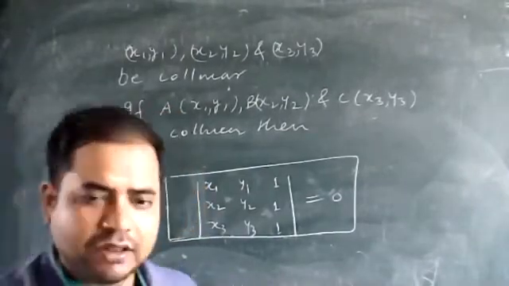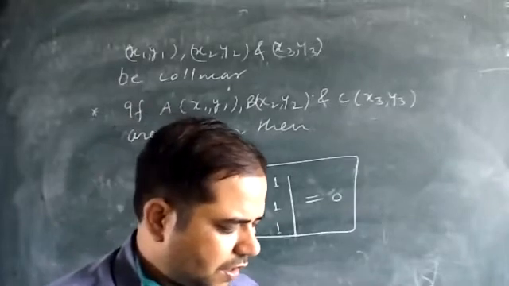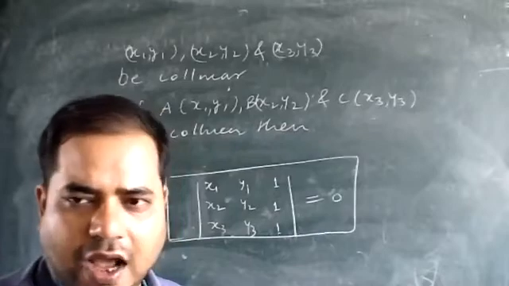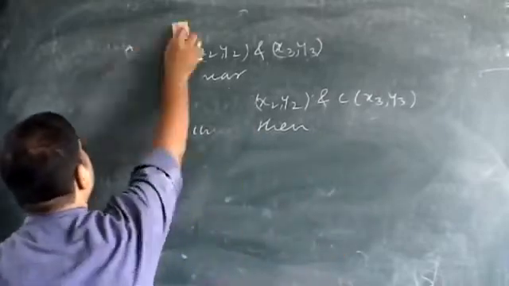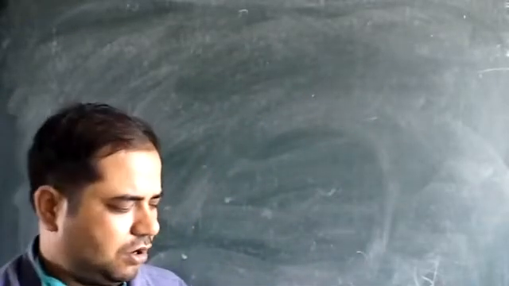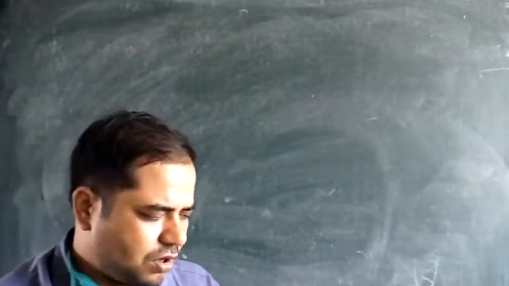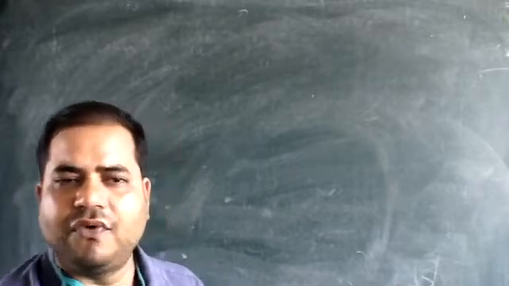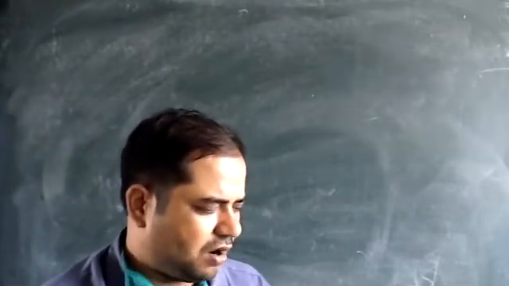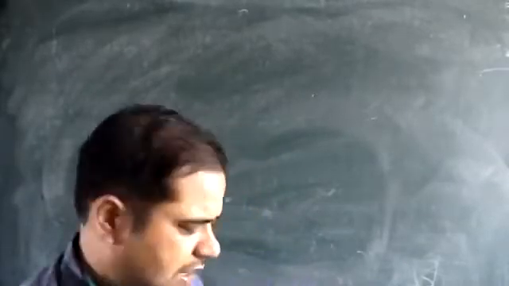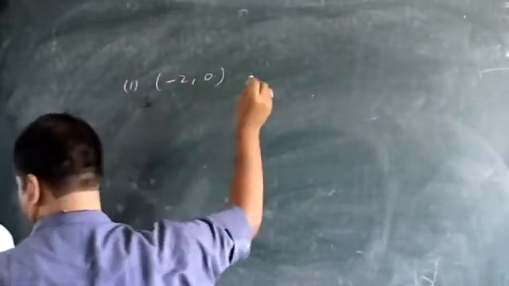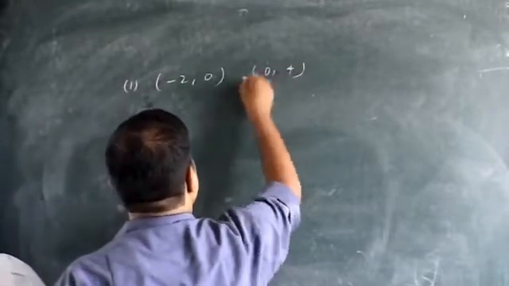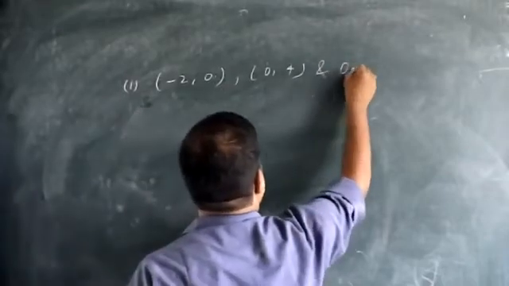So see the questions based on this application. Write down: if the area of a triangle is 4 square units, then find the value of k, if the vertices are (minus 2, 0), (0, 4) and (0, k).